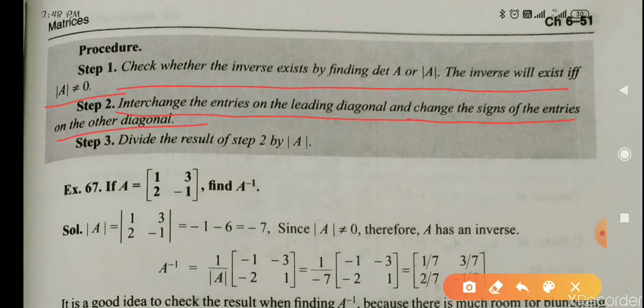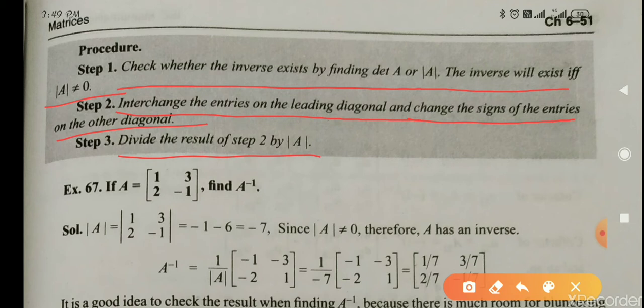Once again, this is the method to find the inverse of a square matrix of order 2. For a square matrix of order 3, I will tell you one more method in the next exercise. Divide the result of step 2 by determinant A.